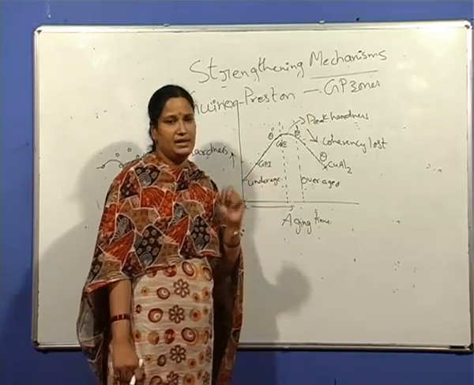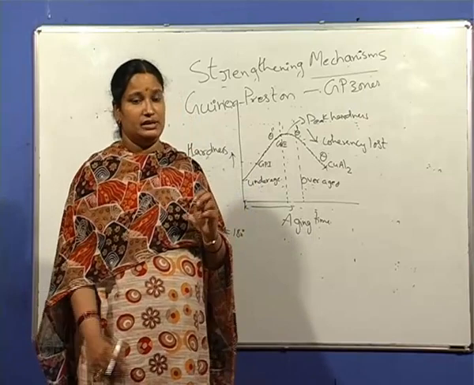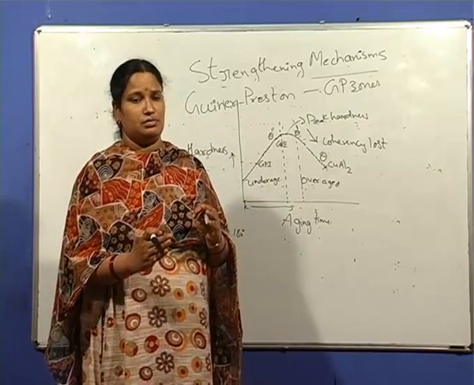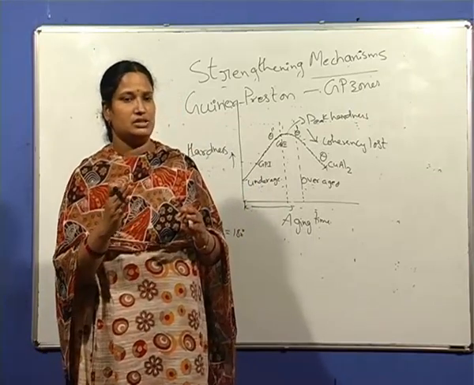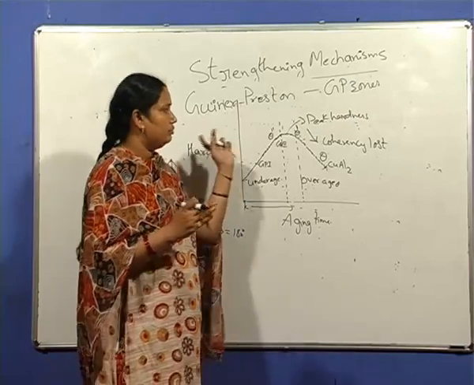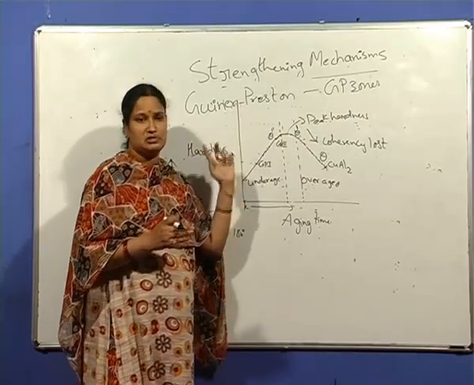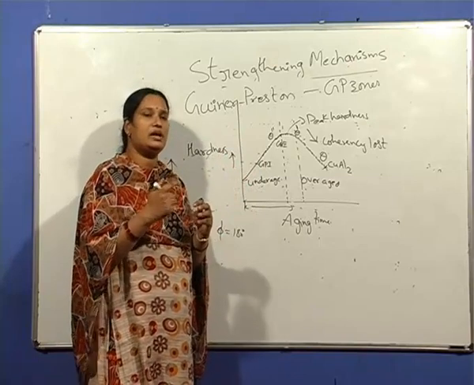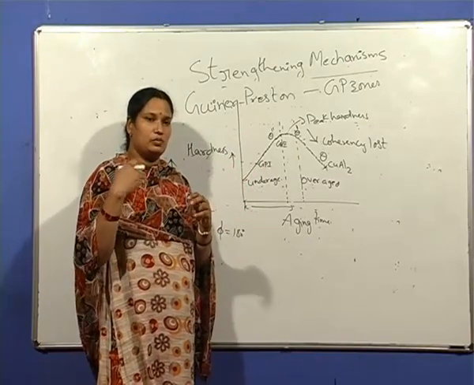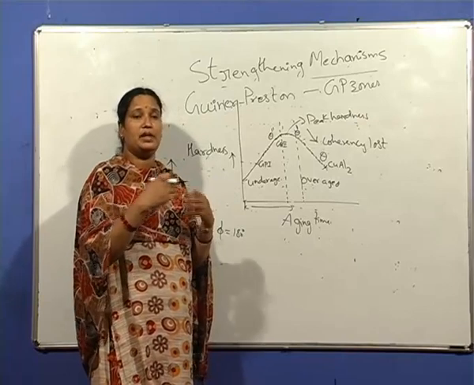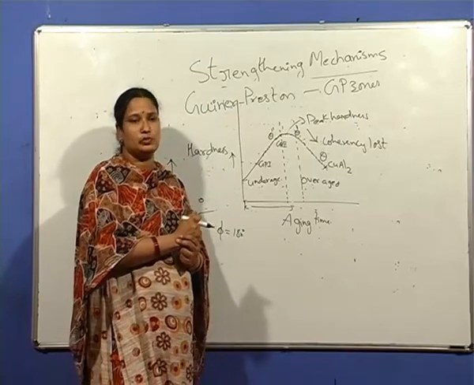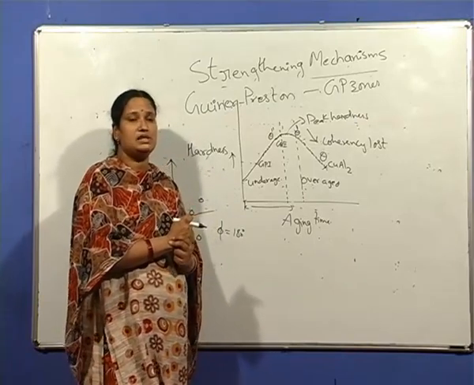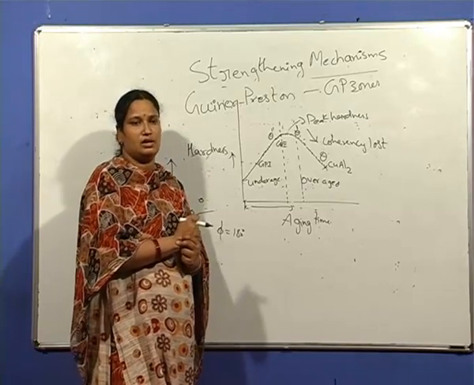Now what are the mechanisms by which a moving dislocation, for which the obstacles are the precipitate particles, has to move away or break through these precipitate particles? What mechanisms lead to strengthening?